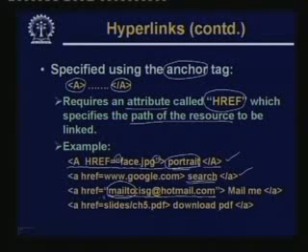So, in this case, mail me is the text between. This mail me will be displayed in a highlighted way. If you click on this mail me, then a mail sending window will automatically come with isg@hotmail.com as the destination address.